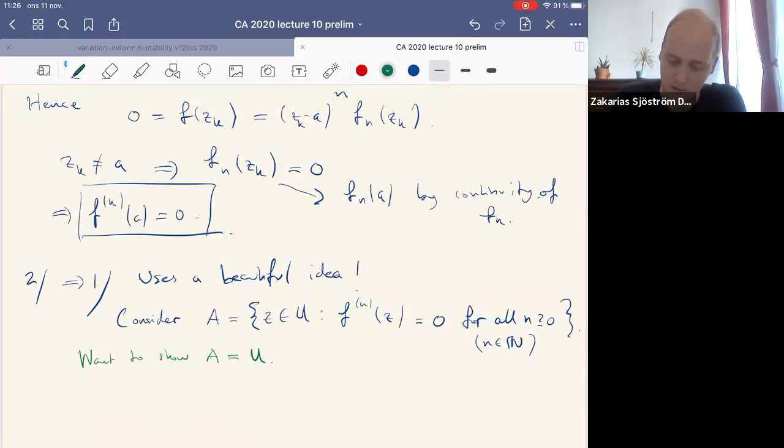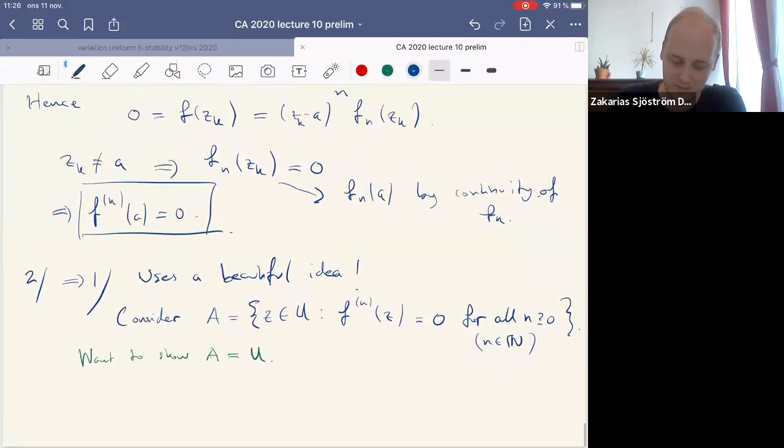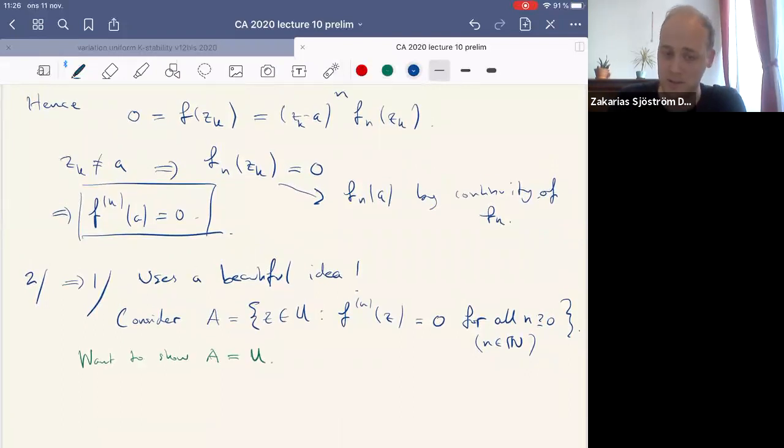Okay? And now, how do we do this? So has anyone seen this kind of proof before, and anyone maybe knows what I am about to do? No? Okay, so it will use topology as a hint. So how can I show that A is equal to U? If you haven't seen this before, it's something that at least I see a lot around in research talks and so on.